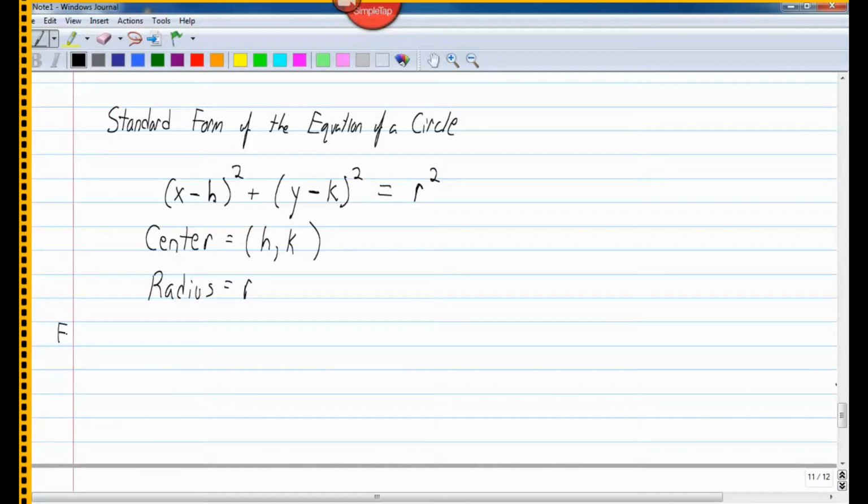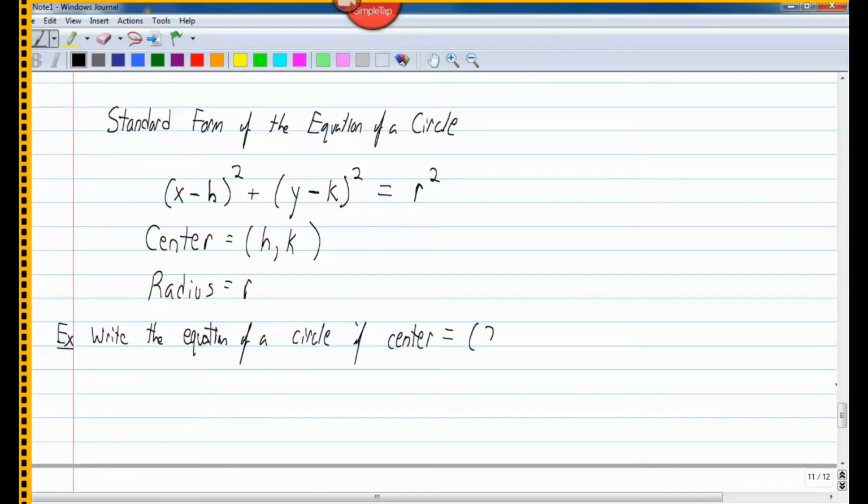Alright, so let's write the equation of a circle if the center equals (2, 3) and the radius equals 4.